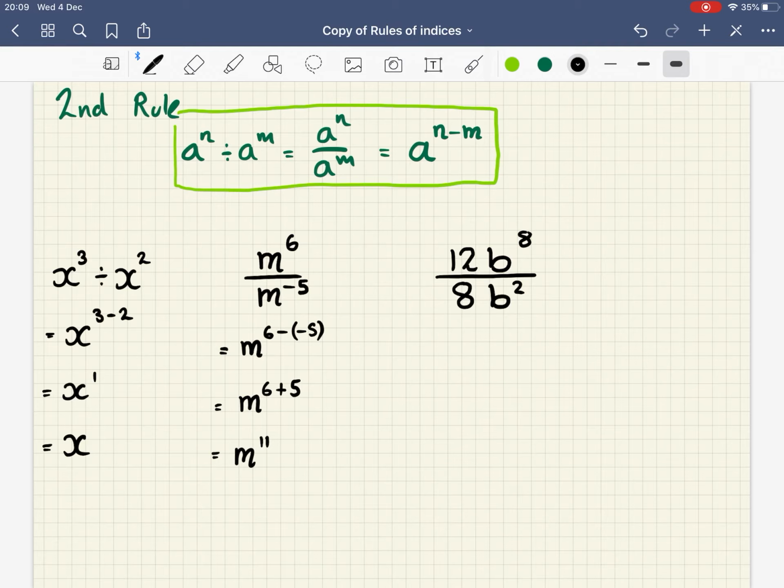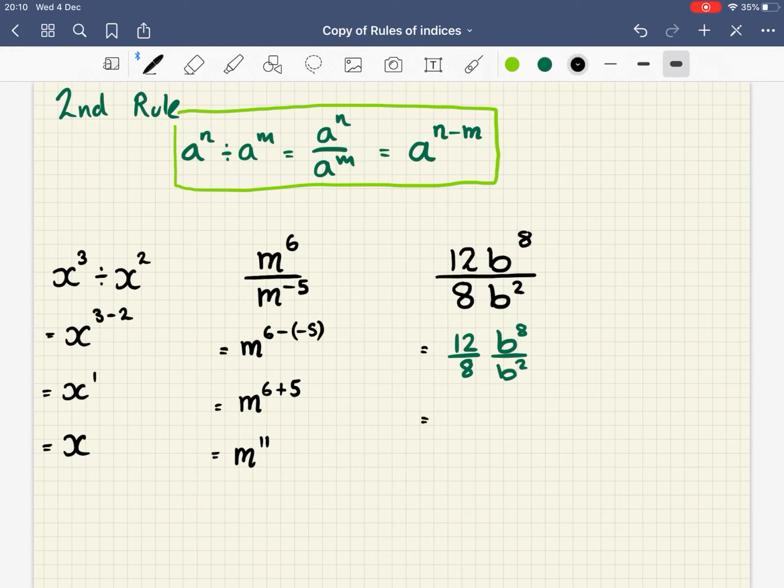Now, when I've got a mixture of letters and numbers, I like to try and think of them separately. So what I can do to help me out is create a little split down the middle here. So I've got 12 over 8 and then b to the power 8 over b to the power 2.